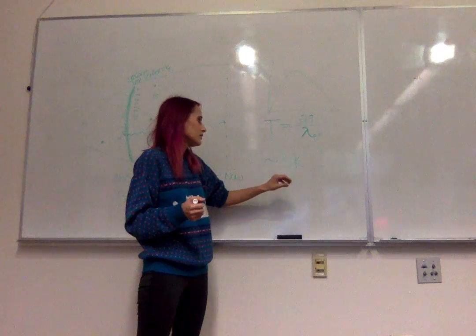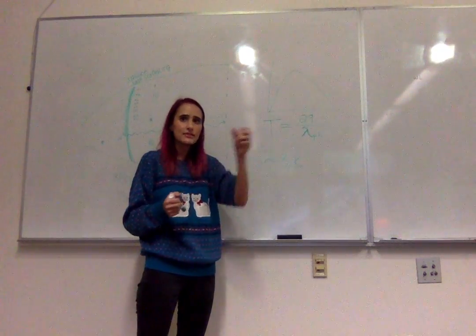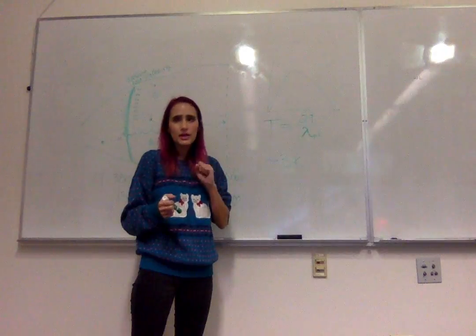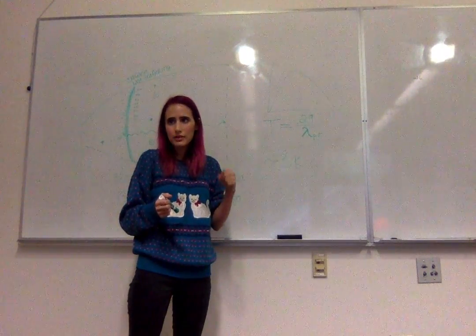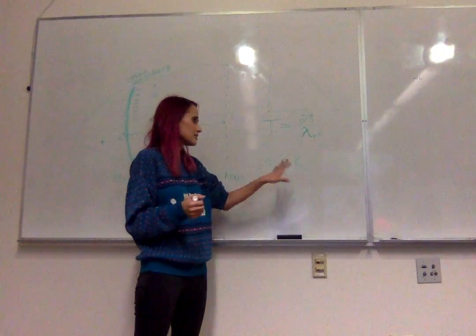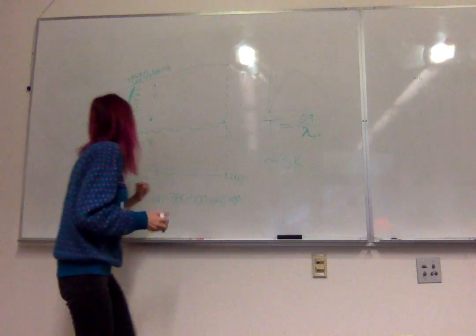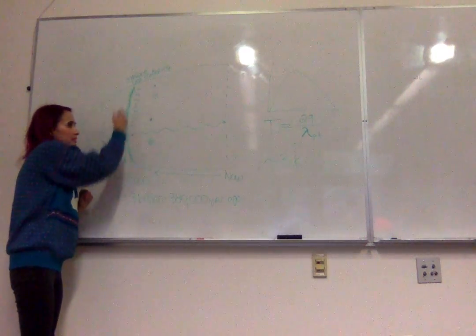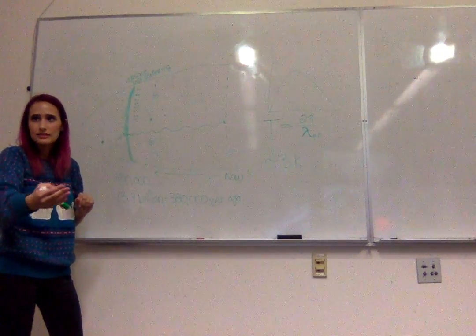So this 3 Kelvin, this wavelength that we receive it at, is in the microwave range. So we call this the cosmic microwave background radiation, right? It's in the microwave range when it gets to us, and it's in the background of everything. It's behind all the galaxies, behind even the oldest galaxies.